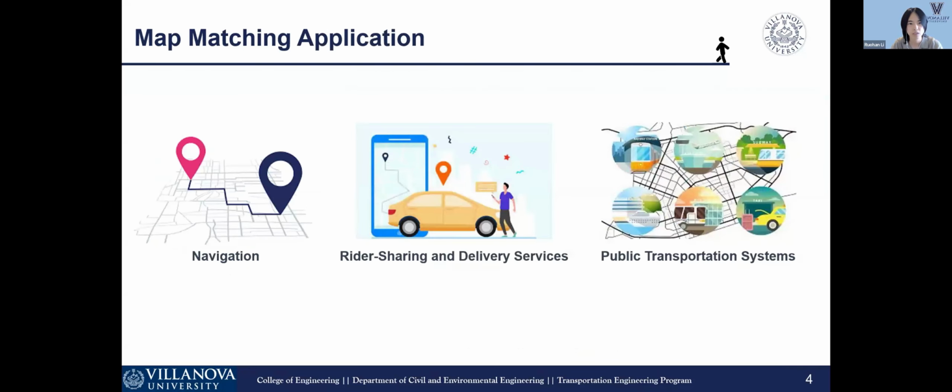The most widely used application of map matching results is navigation. We may use it every day, like Google Maps, ride sharing and delivery services, and public transportation systems. In the traffic and transportation area, we use map matching results for traffic flow analysis, road optimization, and safety analysis.